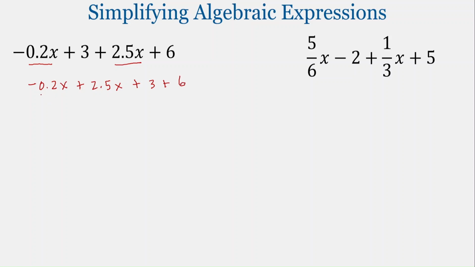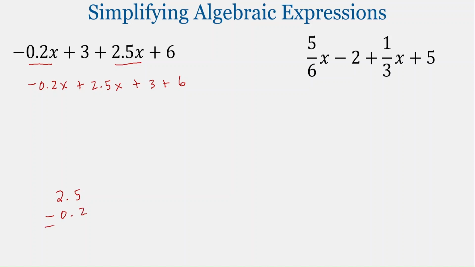Now we have negative 0.2x plus 2.5x. We're adding a positive and a negative, so the signs are different, so we'll take the difference. The larger of the absolute value is 2.5 minus 0.2.